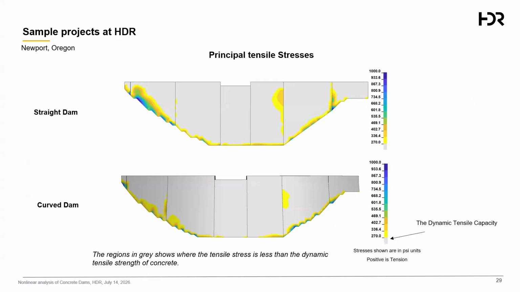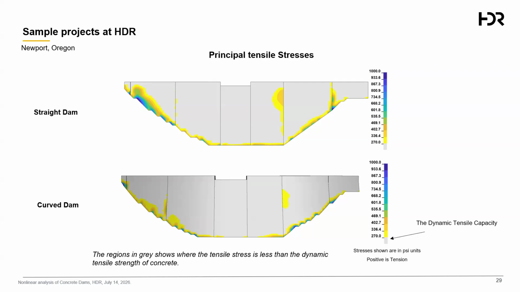And here you can see the contour plots of principal tensile stresses of the dam. For this evaluation, the dynamic tensile capacity was taken as approximately 270 psi.